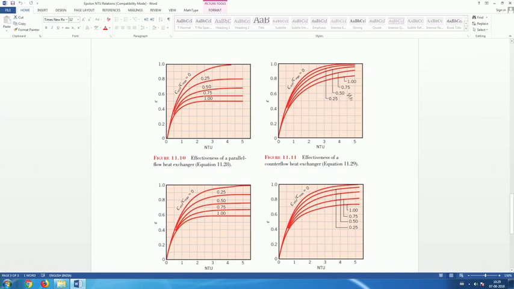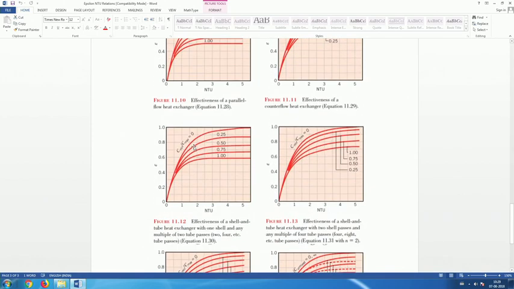And the last one that you see is when CR is equal to 1, that means C max is equal to C minimum, so therefore, let us say when water flows in both the shell and tube with the same flow rate. So, m dot CPC is equal to m dot CPH, and this is the relation which you would get.